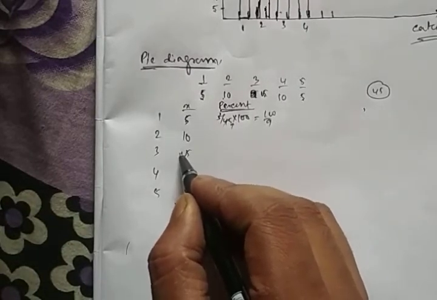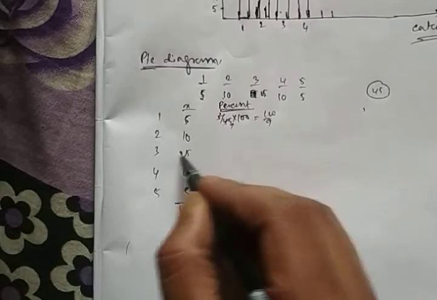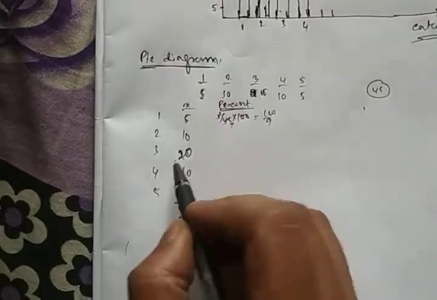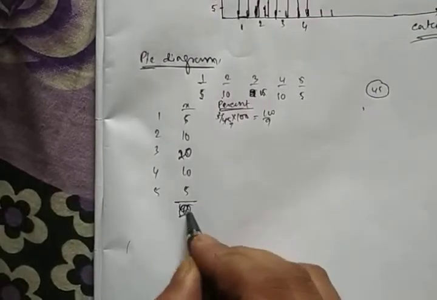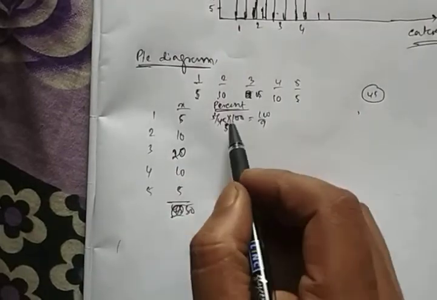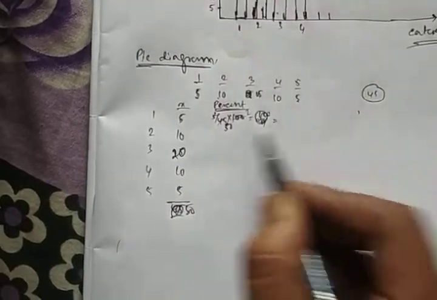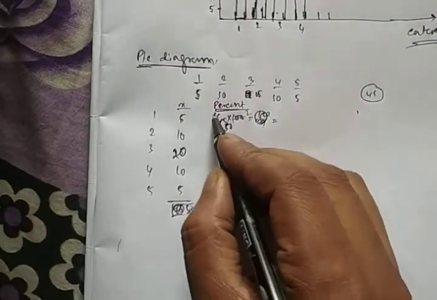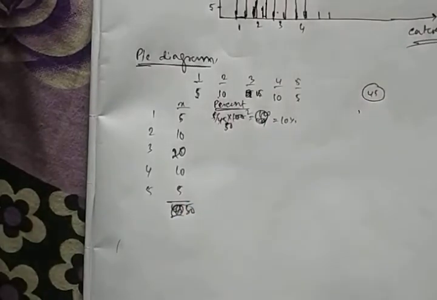Let's say this part is 20, and 10. This part is 20, so the total value will be 50. To calculate it easily, 50, this will be 2, so this total value will be 10, right? So this percentage is 10%.